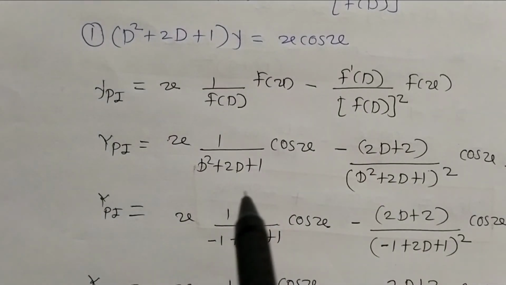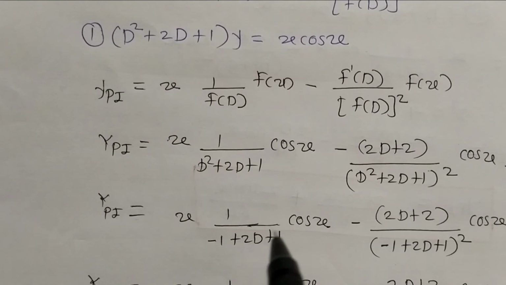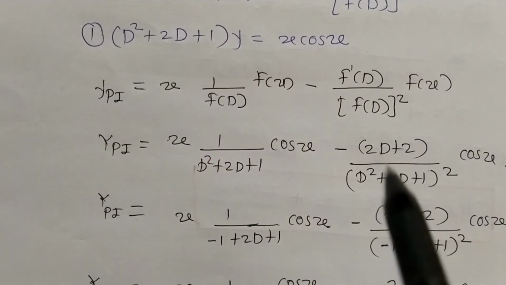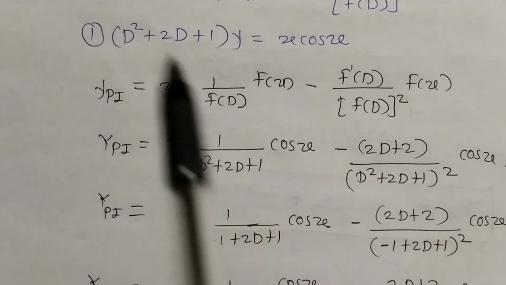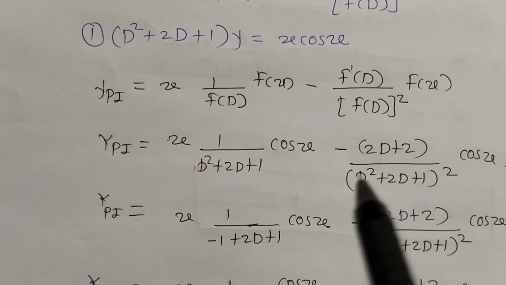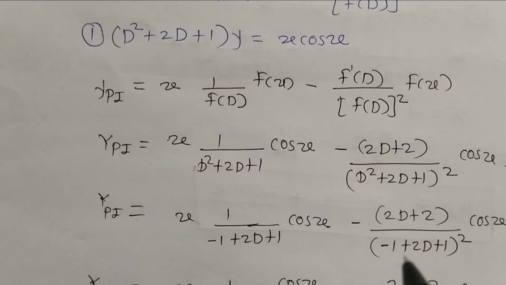So x, 1 upon minus 1 plus 2d plus 1, cos x, minus the differentiation of this term, 2d plus 2, upon the square of this term, d square plus 2d plus 1 whole square, where we put d square is equal to minus 1, so minus 1 plus 2d plus 1 whole square, cos x.